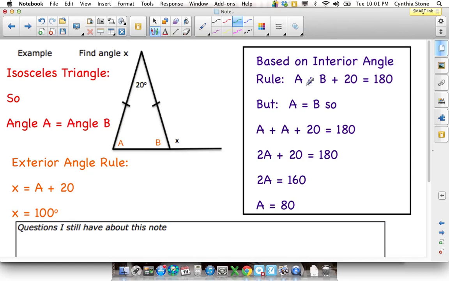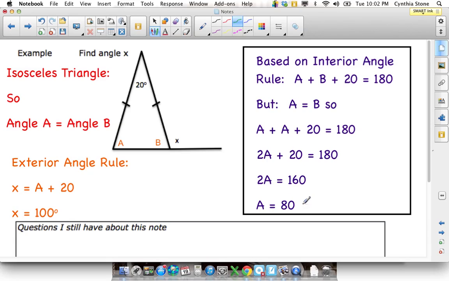So A plus B plus 20 equals 180. Since A and B are equal to each other, because it's an isosceles triangle, instead of writing A plus B, I'll write A plus A plus 20 equals 180. I'm just substituting in A for B. That means 2A plus 20 is 180, subtracting 20 from both sides, so 2A is 160 or A is 80 degrees.